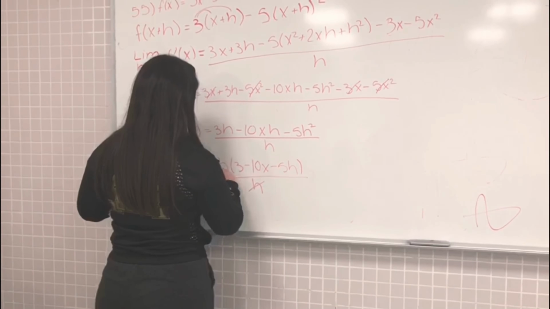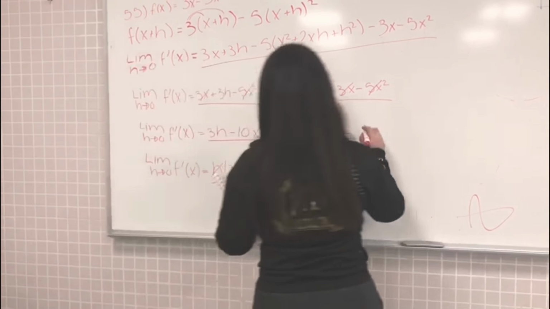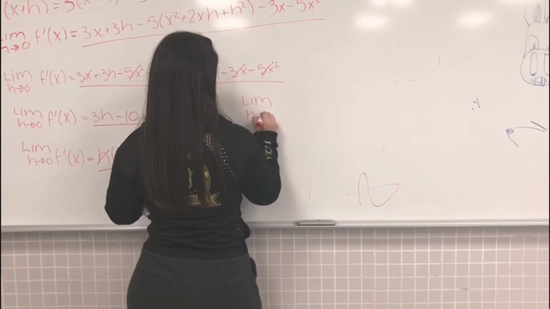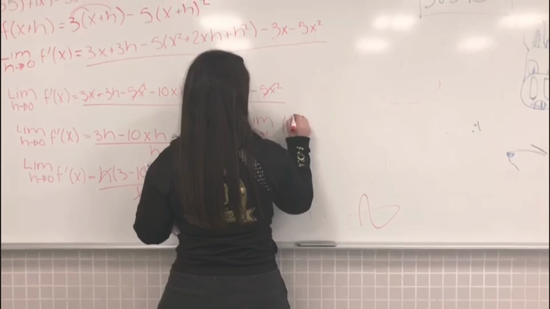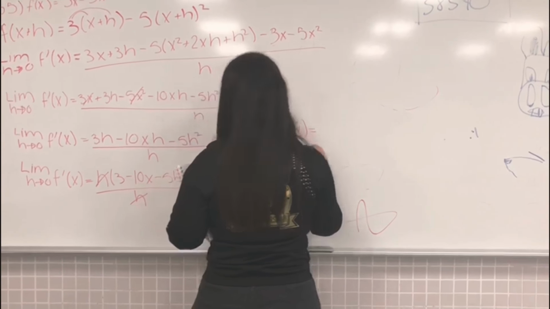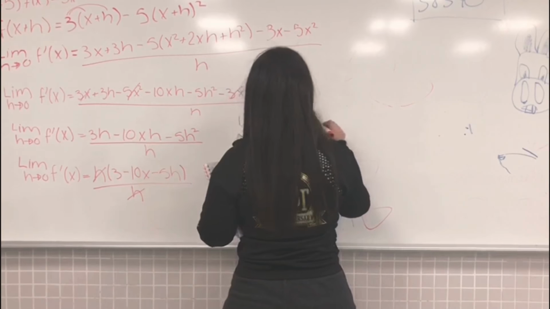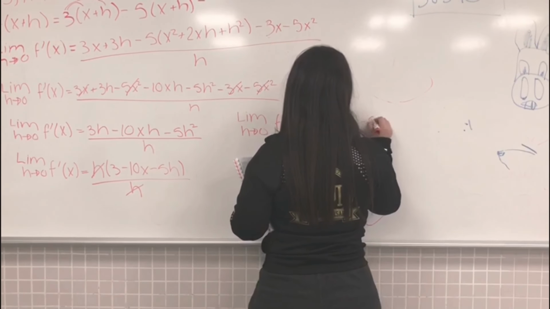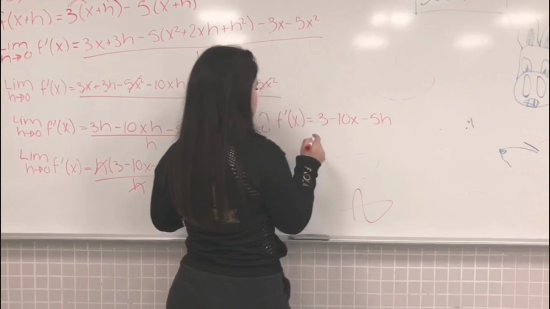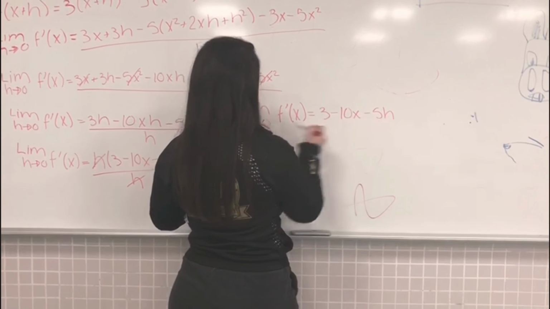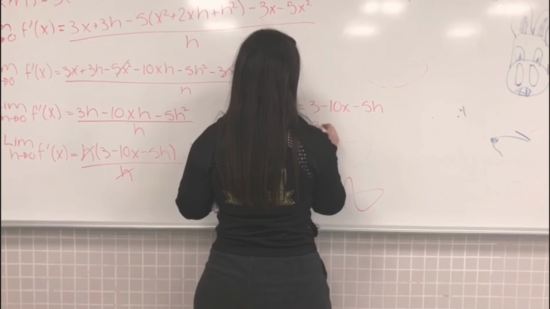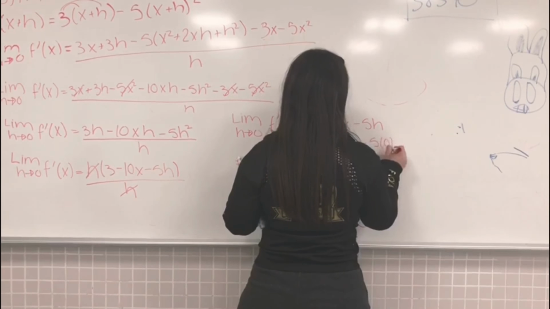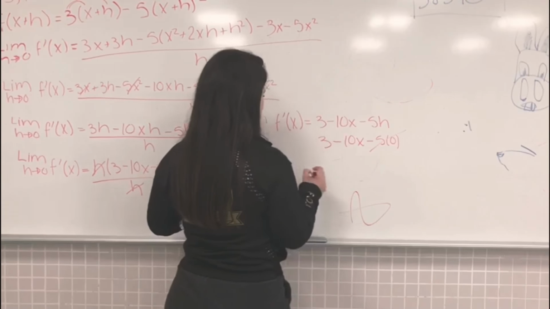And we will cancel the h, and then we will have the limit as h tends to 0 of f prime of x, and now we'll start substituting that we have 3 minus 10x minus 5h, and we substitute the h with a 0 and it will be 3 minus 10x minus 5 times 0, that this will cancel out because it's 0.